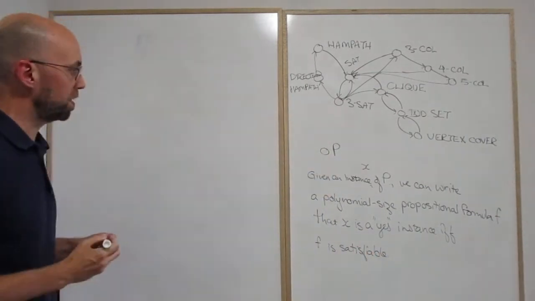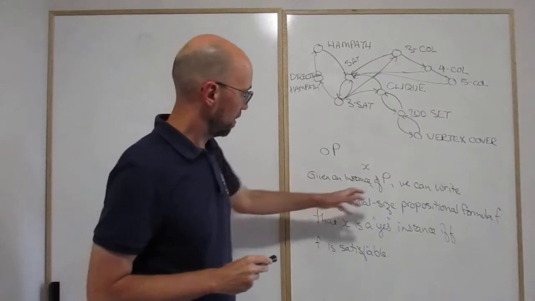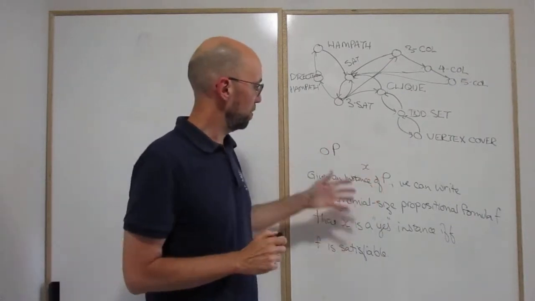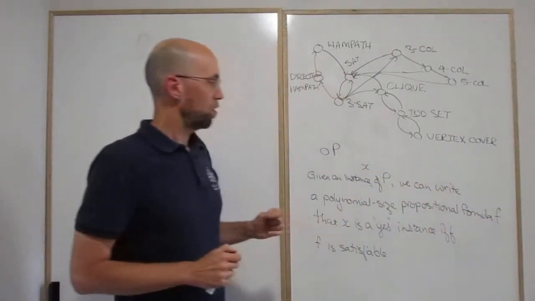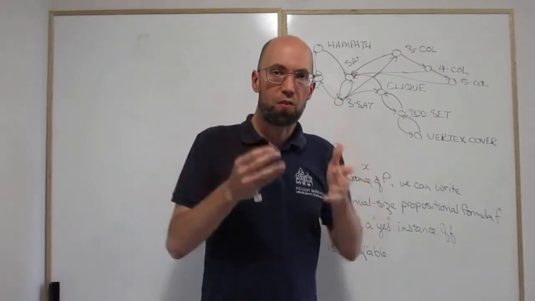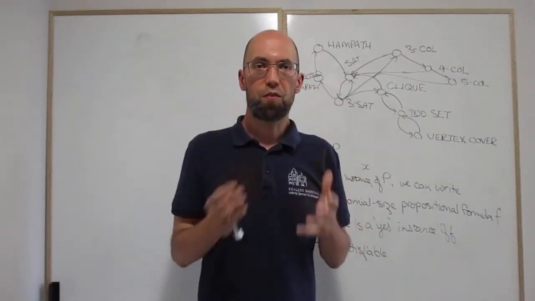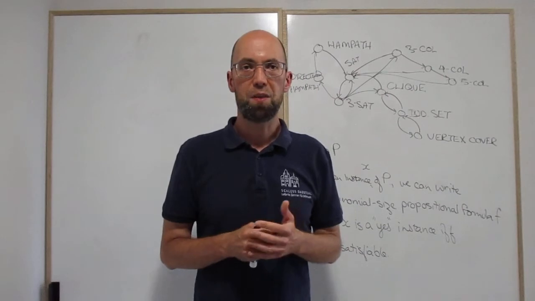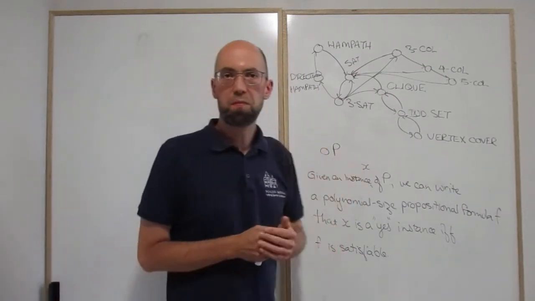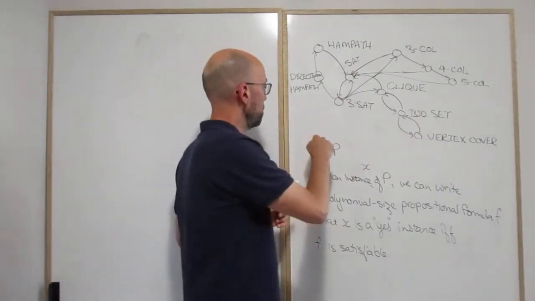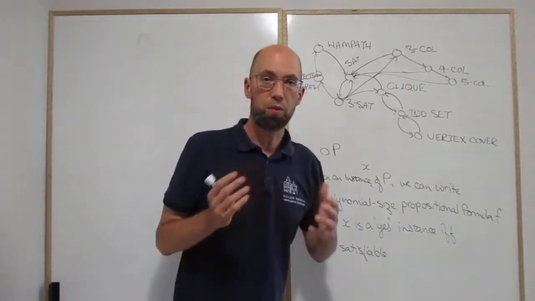Okay, so that means that given an instance x of P, we write this formula F. So then, if we could solve SAT in polynomial time, we could obviously solve P. Okay, so P would reduce to SAT in polynomial time.